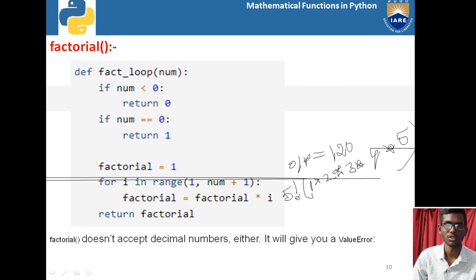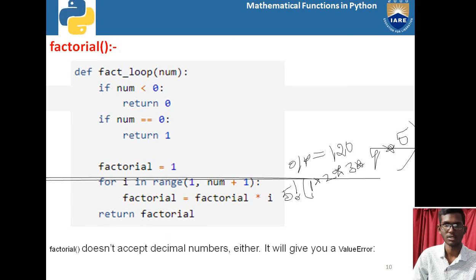If we give float values, it gives an error, so we do not get factorial for float values. Factorial does not accept decimal numbers either. It will give you a value error. Okay, now we go to the next slide.